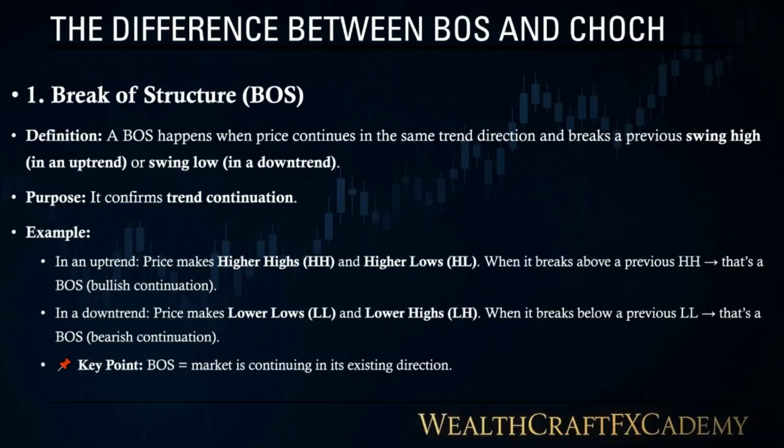When it breaks above a previous high or previous higher high, that's a break of structure, which signifies a continuation of that trend. In a downtrend, price makes lower lows and lower highs. When it breaks below the previous lower low, that's a break of structure, but in a bearish continuation. Now, this is the key point. Break of structure, market is continuing in its existing direction.